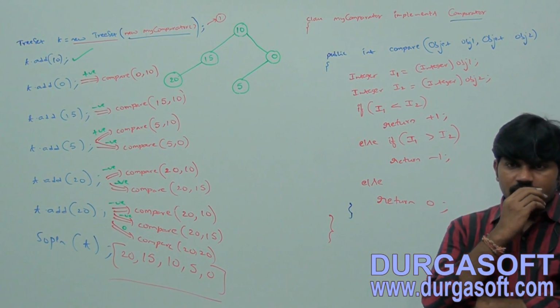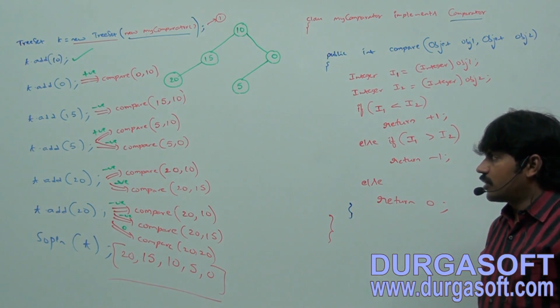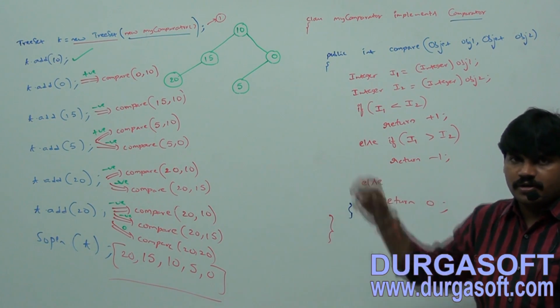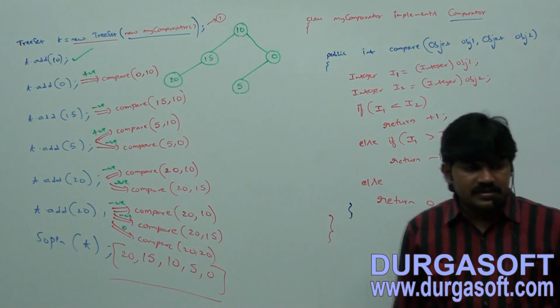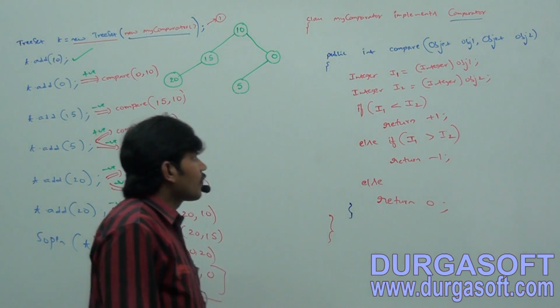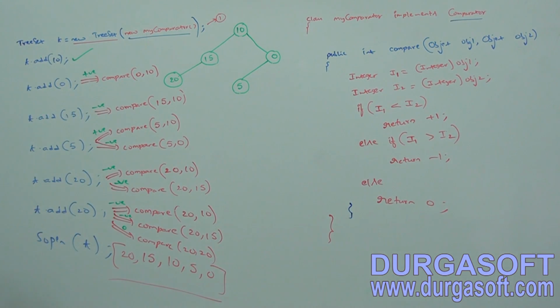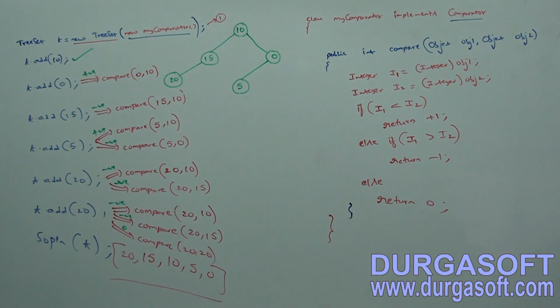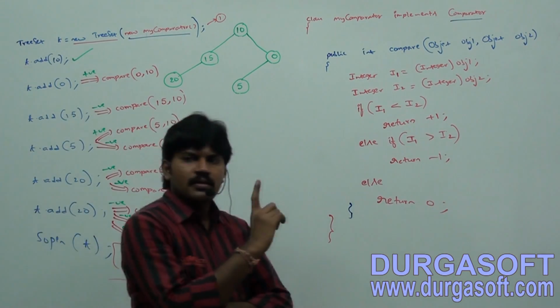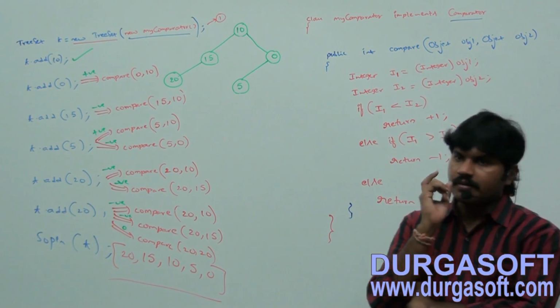I hope it is clear. So take the diagram related to the TreeSet. First left, next root, next right. Do you know what this order is? Inorder traversal, right?